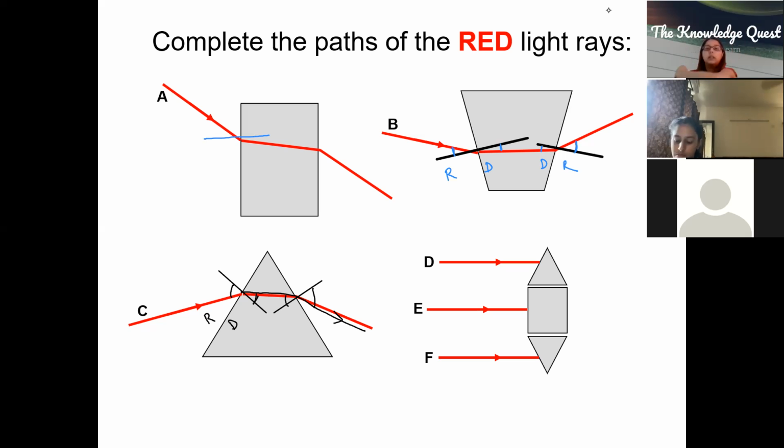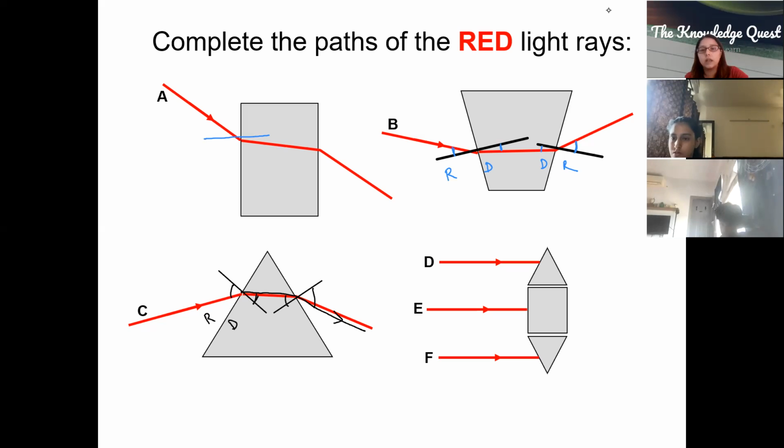Okay. Now, D, E, F are a mixture of the first and second diagram. Do it with your notebook. The last one, you will do it in your notebook. Do it properly with a scale. D, E, F together.